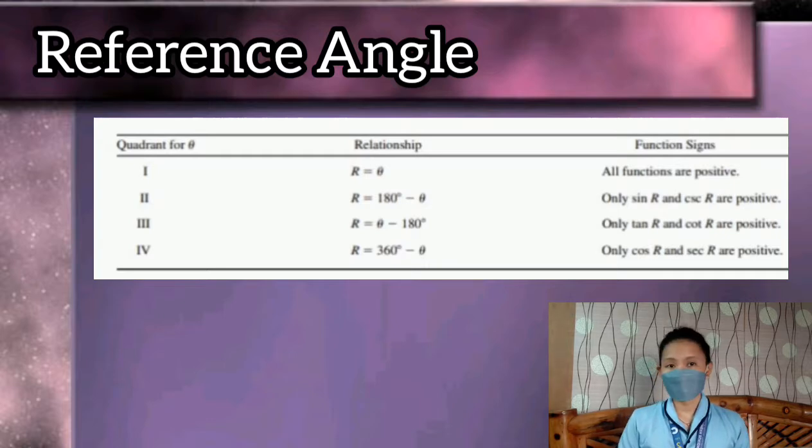Okay, so in quadrant 4, that is angles that lie between 270 degrees and 360 degrees, the reference angle is equal to 360 degrees minus the angle. So in quadrant 4, only the cosine and the secant are positive.